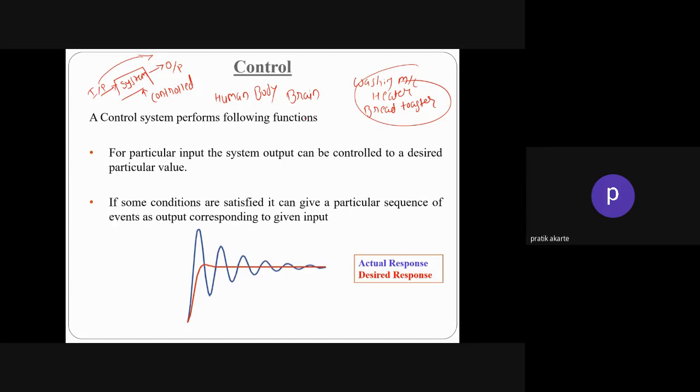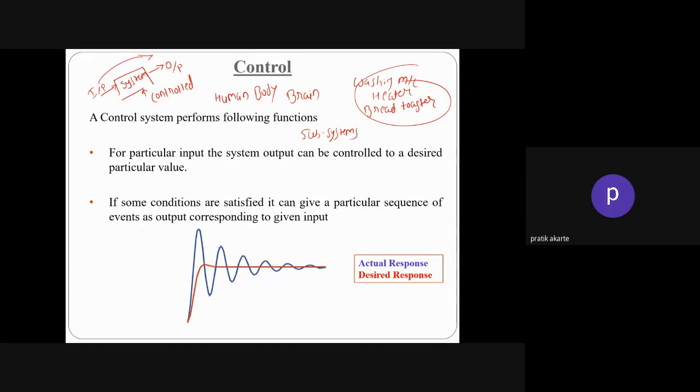So based on that, how can we define a control system? A control system is an arrangement or a combination of various physical components called subsystems, connected with each other in such a manner as to attain certain objective.